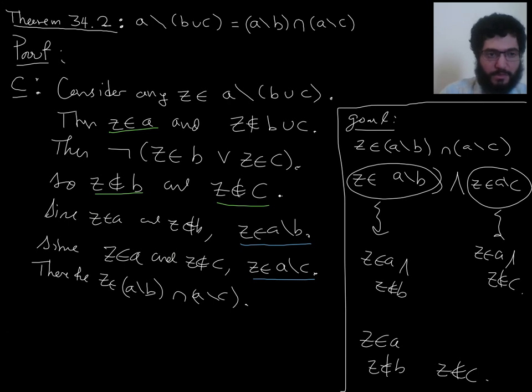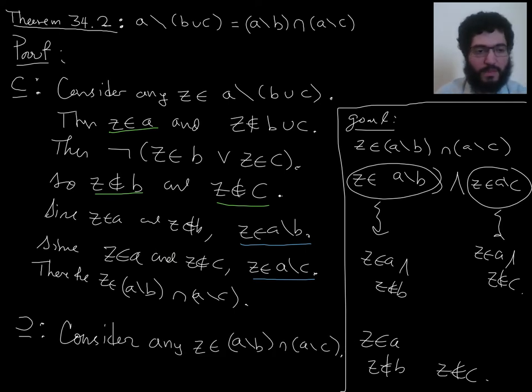Now for the other inclusion. So consider any z in the right-hand side, and then try to show it's in the left side. Okay, and let me clear this stuff out here.